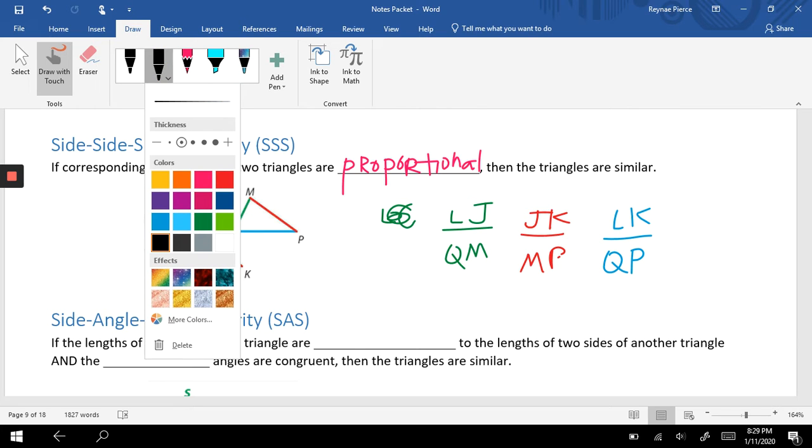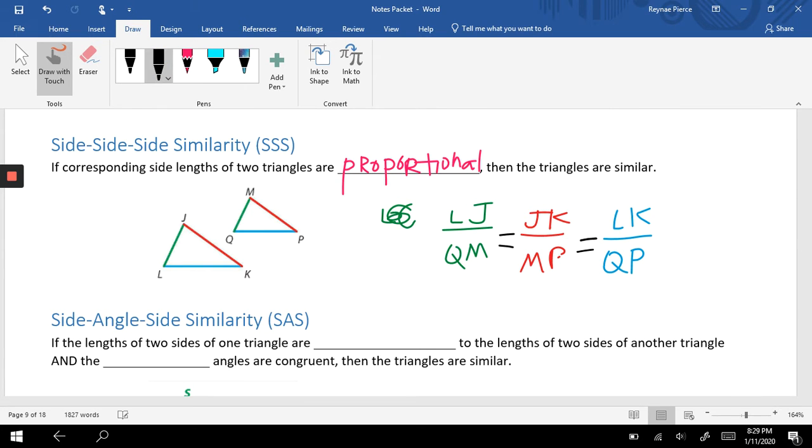If we know that they are all proportional, all of those sides are in the same ratio, then we know that our triangles are similar as well. So triangle LJK is similar to triangle QMP.